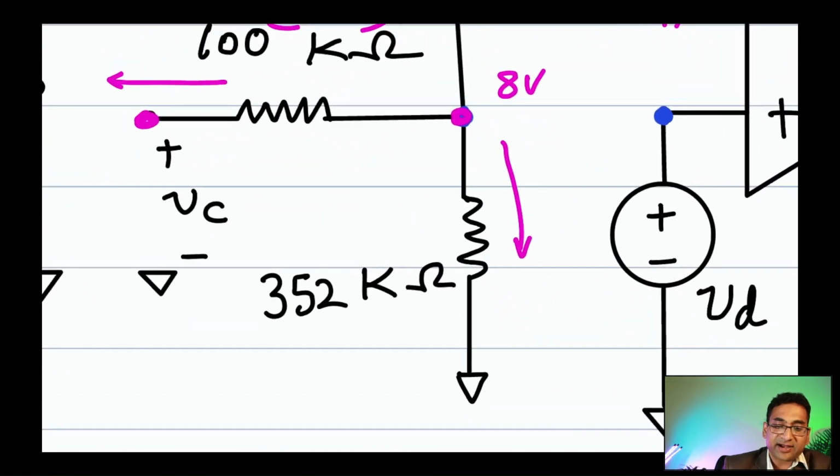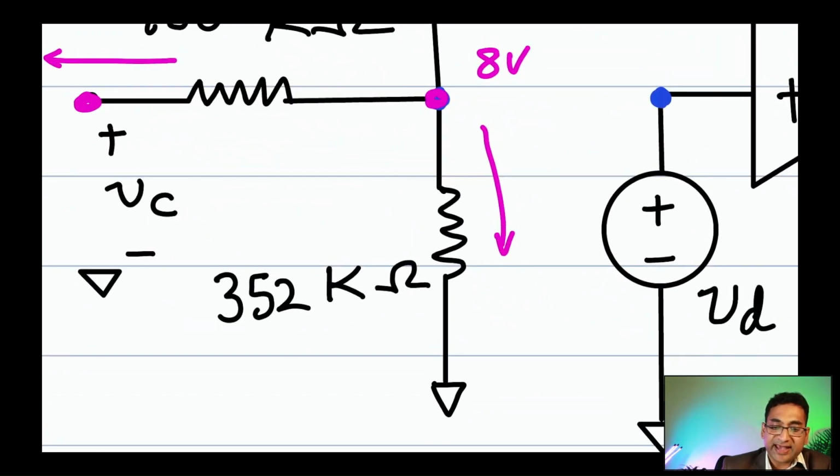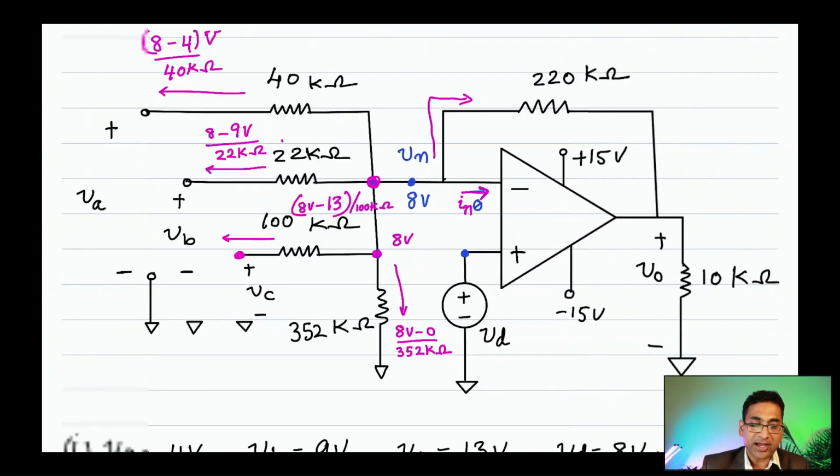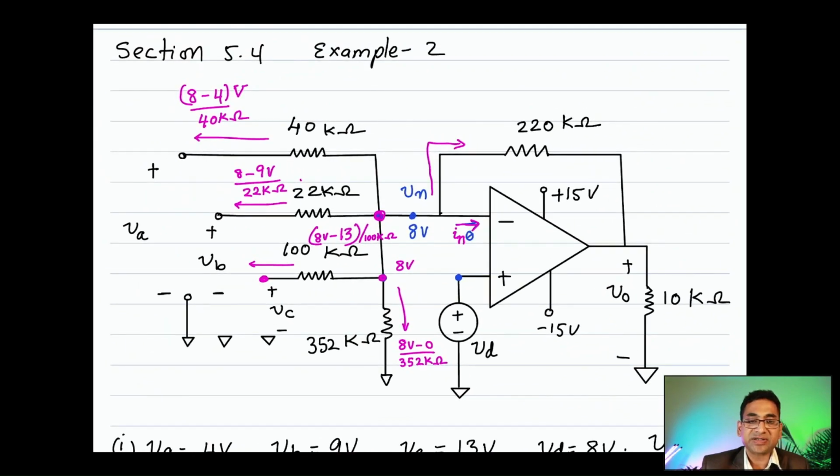Now let's not forget the current flowing down, which is 8 volts minus 0 by 352 kilo ohms. Okay, so slowly but surely we are writing the expressions for all the currents at node Vn, except one current we have forgotten, that is this guy.